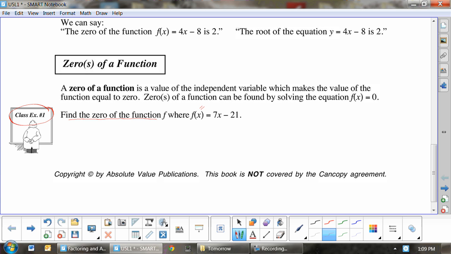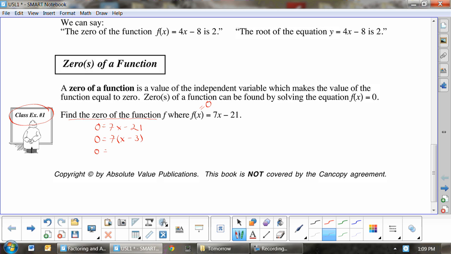So all we have to do is make that equal to 0, and we can write it like this: 0 is equal to 7x minus 21. And so we're trying to find what x makes the entire thing equal to 0. So this is basically just a factoring problem now, right? So we factor it just like we would any other equation. We find our GCF, greatest common factor.